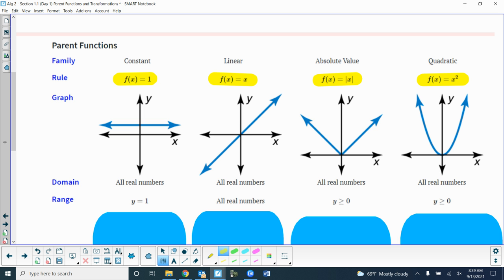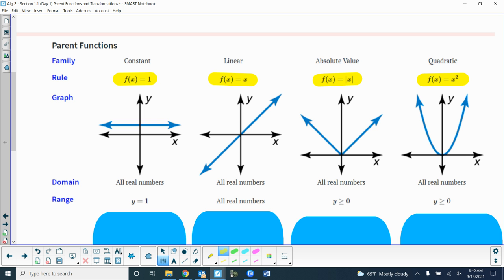And remember, if you're not sure, you can always make an XY table, right? And you're allowed to pick, since domain is all real numbers, you're allowed to pick any numbers you want for X. The ones we usually pick are -2, -1, 0, 1, and 2, right? And you just plug those numbers in for X into the function, and then you figure out your Y value so you can graph it.